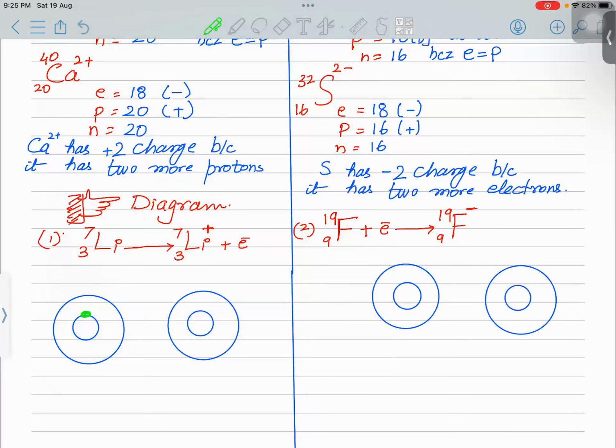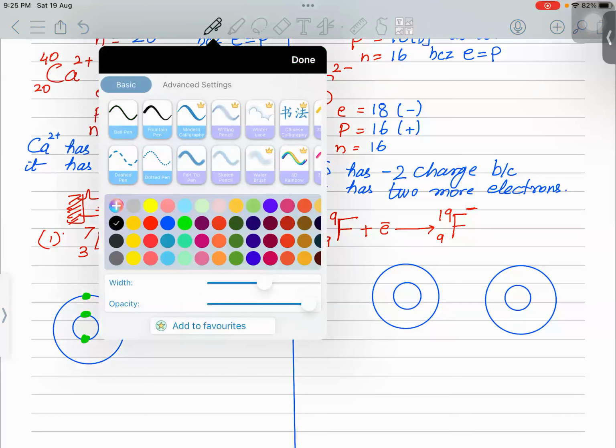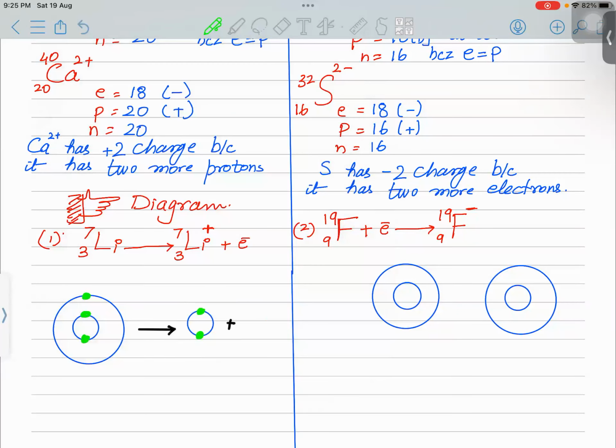Now, lithium has 3 electrons. When you remove one electron, this shell is removed. This is the electron.